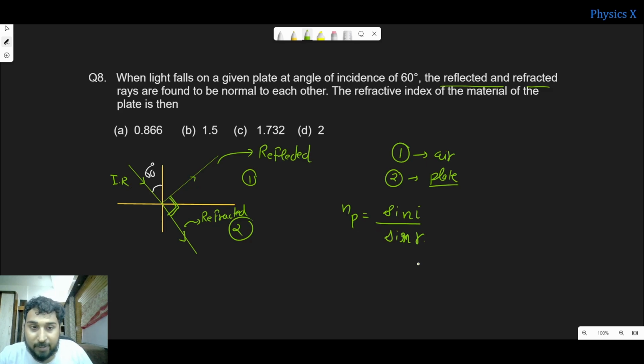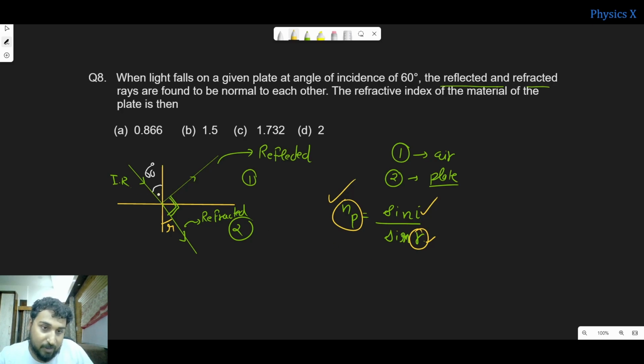So this will be the refractive index. First of all, we need to find the angle of incidence and the angle of refraction, this angle r. We need to find it out, then we will be able to calculate the refractive index of the plate, right?